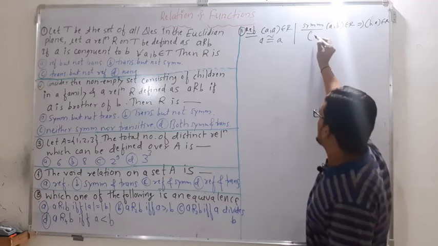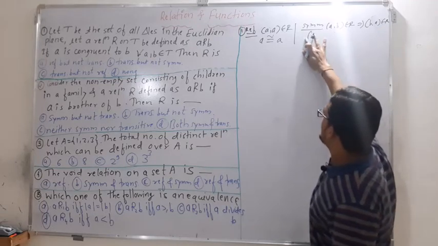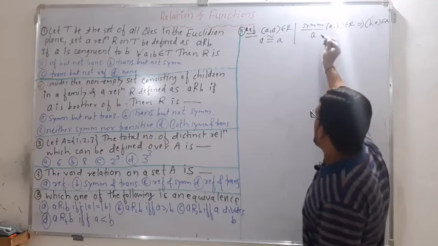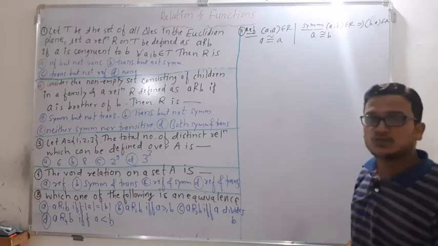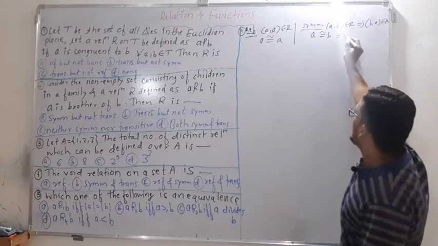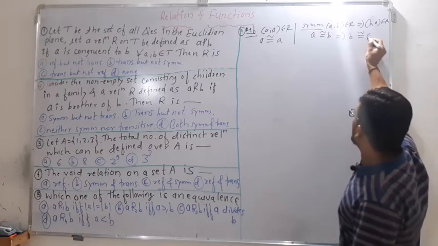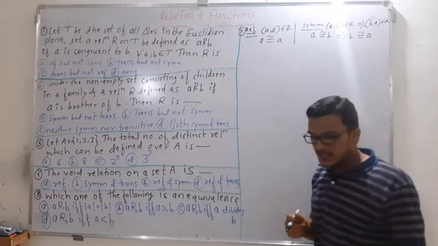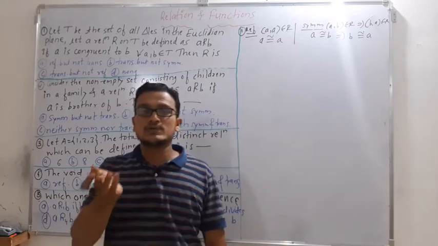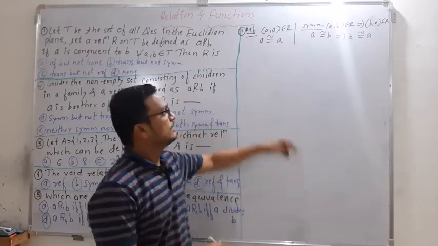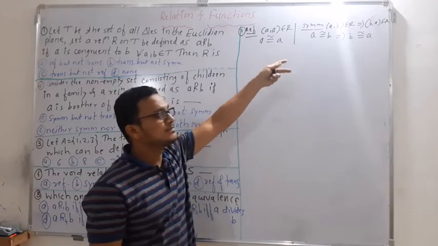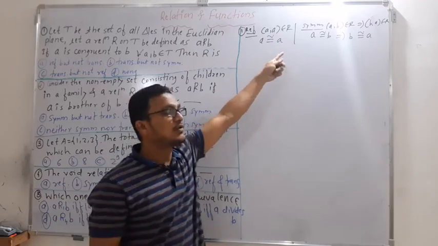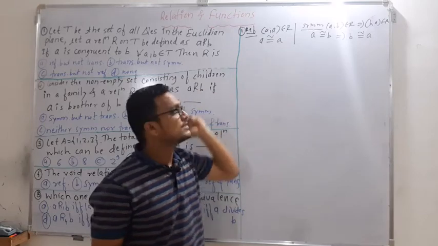Here AB belongs to R. It means A is congruent to B. So obviously it implies B is congruent to A. Suppose I say A is similar to B, then obviously B is also similar to A. So here A is congruent to B always implies B is congruent to A. Therefore R is symmetric.